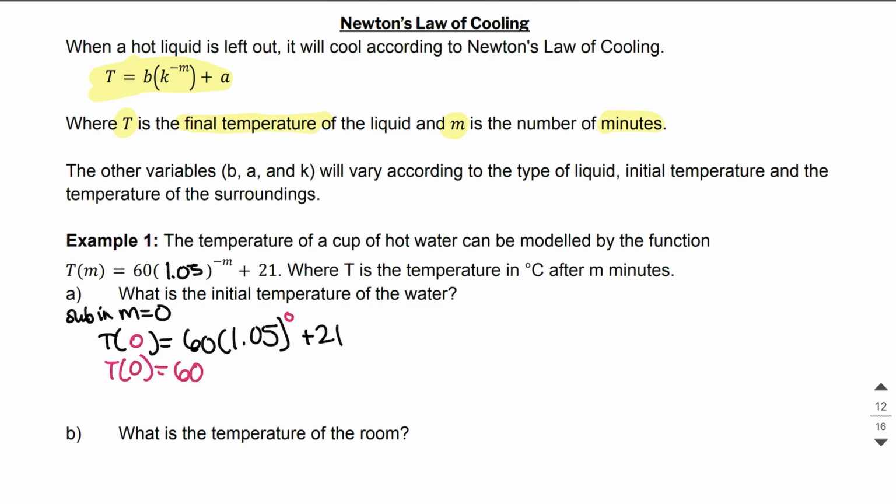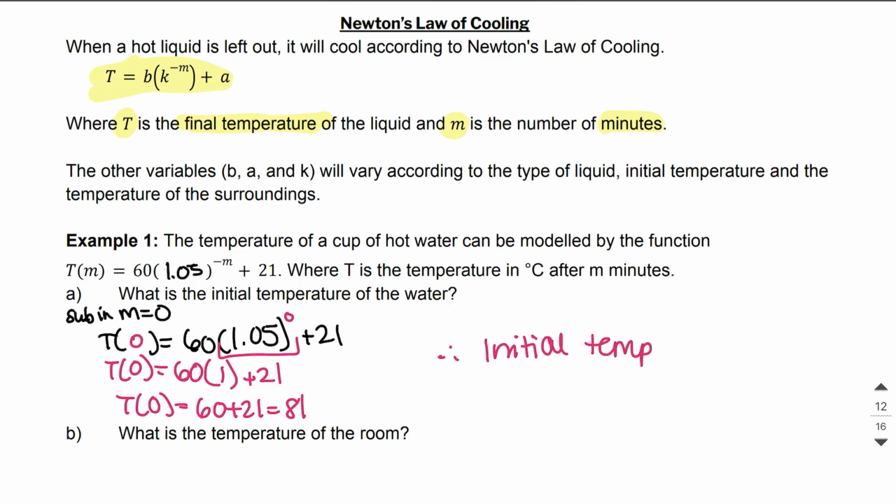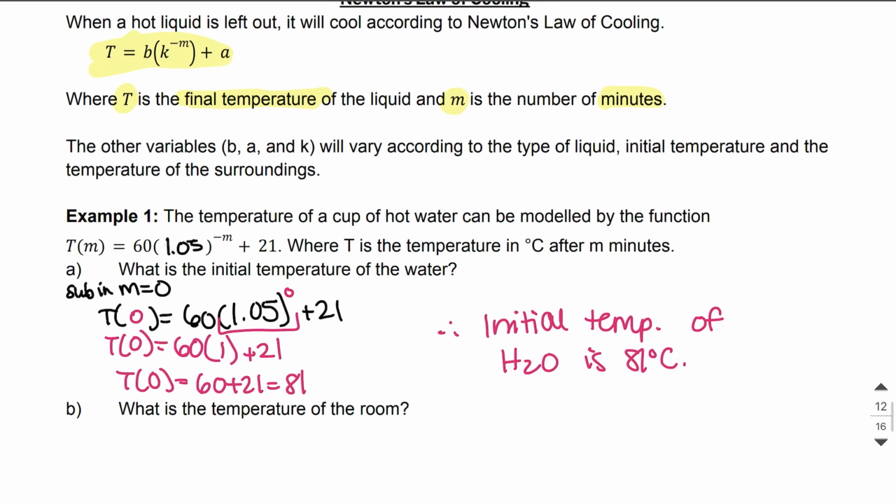I'll get T of 0 equals 60 times anything to the power of 0 is 1 plus 21. So that means T of 0 is going to be 60 plus 21, so it would be 81. So the initial temperature of the water is 81 degrees Celsius.